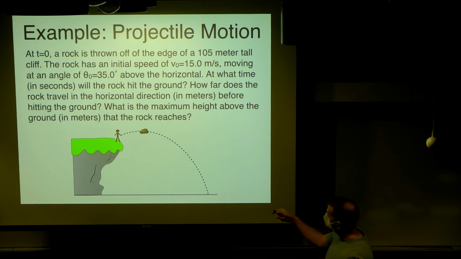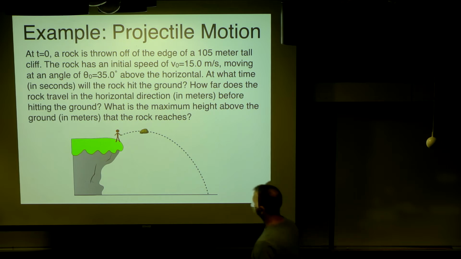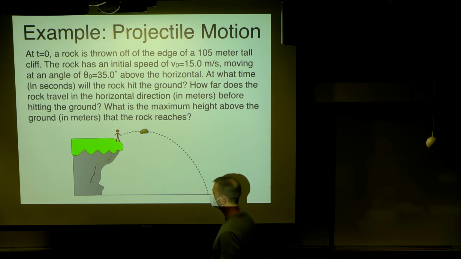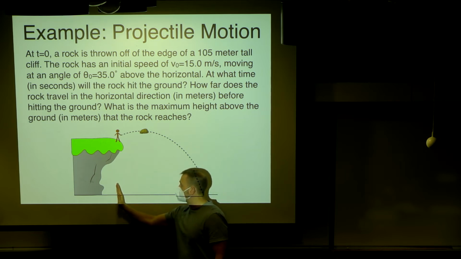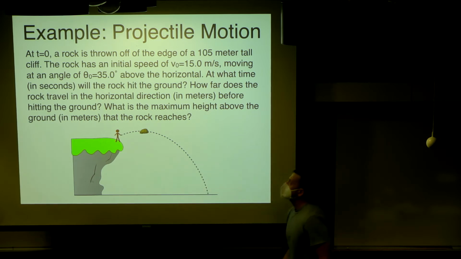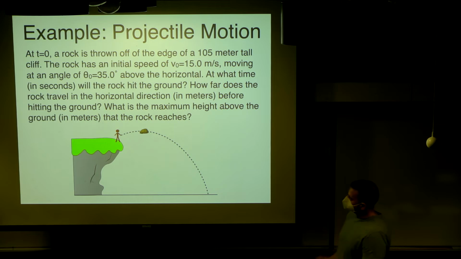First one is, at what time will the rock hit the ground? Second question is, how far will it travel horizontally before hitting the ground? So what's the horizontal distance from here to here? And then lastly, what is the maximum height above the ground that the rock is going to reach during its trajectory? So this is just an example of using all of those different kinematic equations that we just talked about.